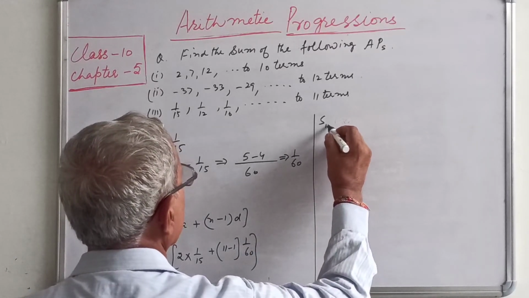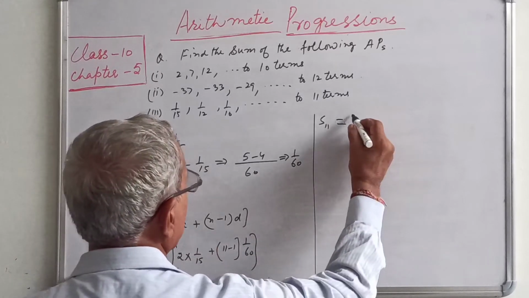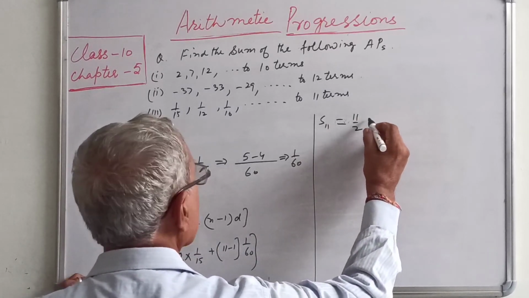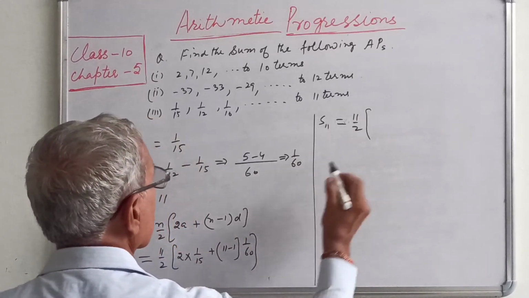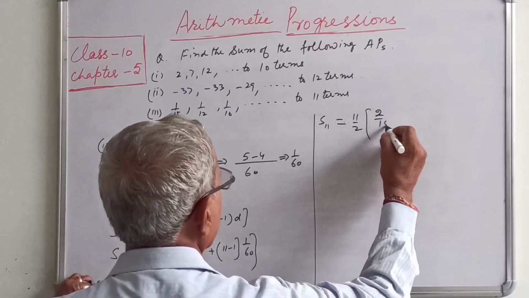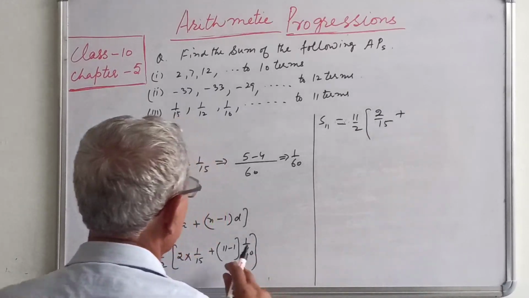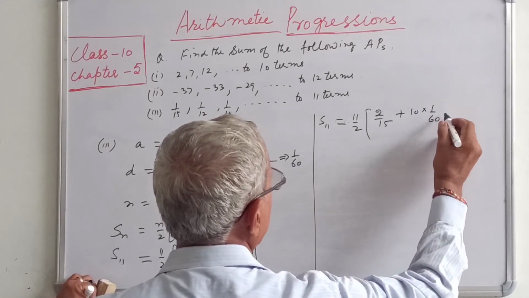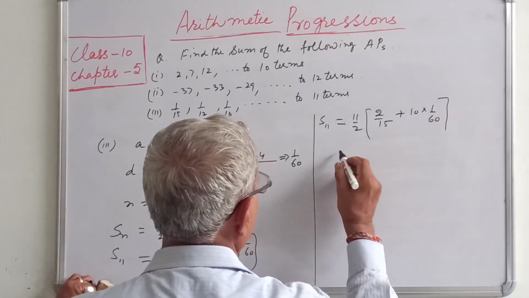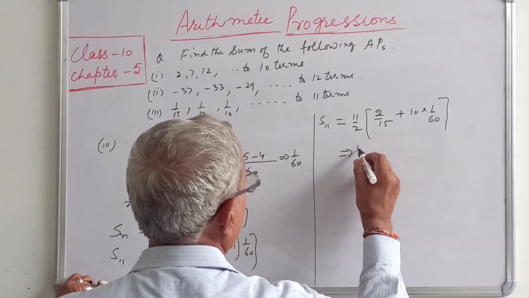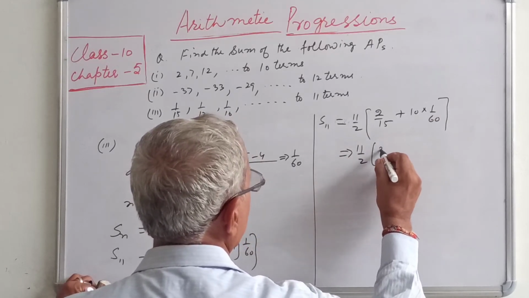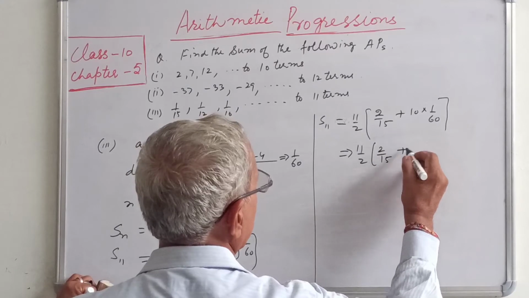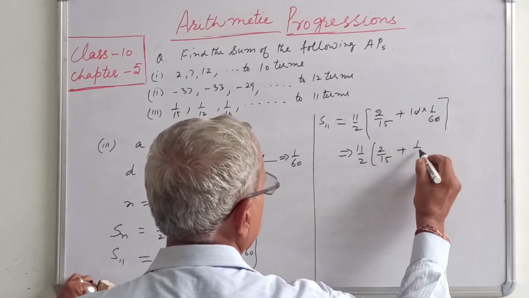So S11 will be 11 upon 2, 2 upon 15 plus 10 multiplied by 1 upon 60. 11 upon 2, 2 upon 15 plus 1 upon 6.